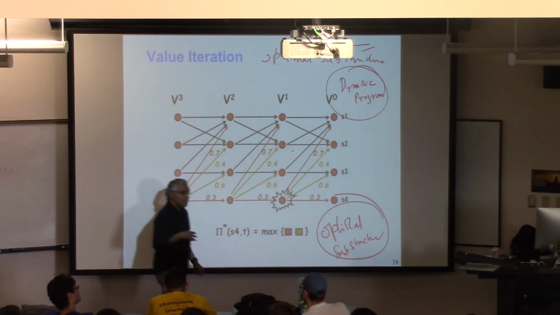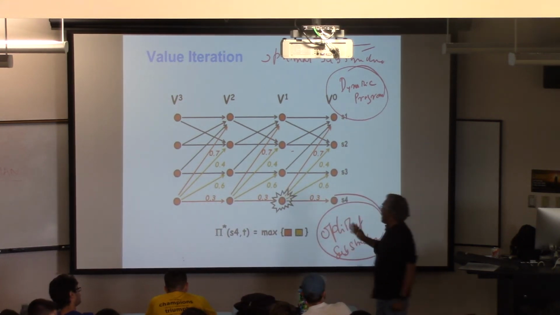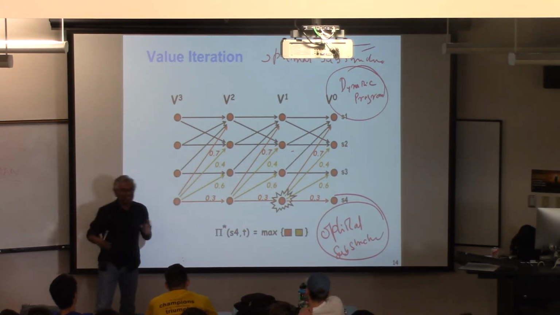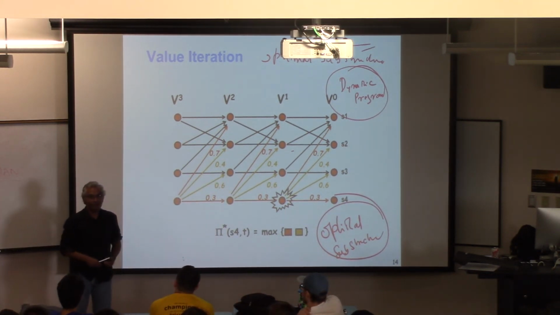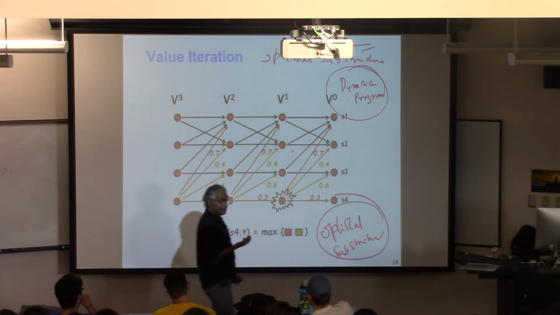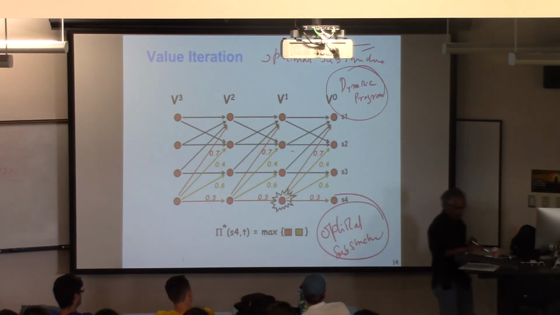Normally, if these are approximations to the same thing, then as I keep going, the difference between these two vectors will become 0. Because after some number of iterations, this computation has to reach what's called a fixed point.